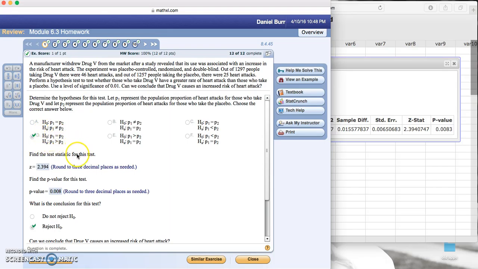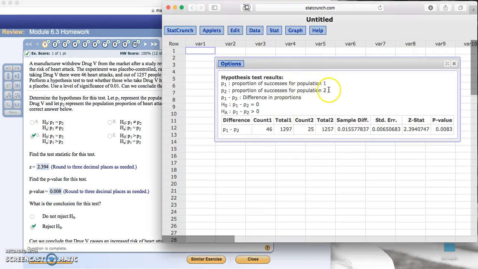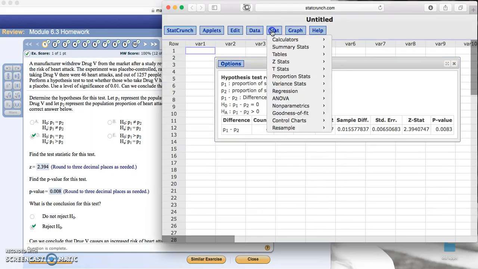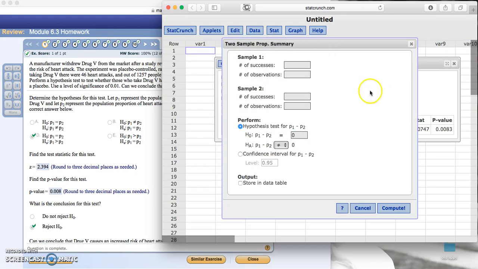The Z test statistic for this test, I got that from StatCrunch. I already have it pulled up here, but just to run through it, we went to Stat, Proportion Stats, Two Sample with Summary, and then typing in the number of successes.